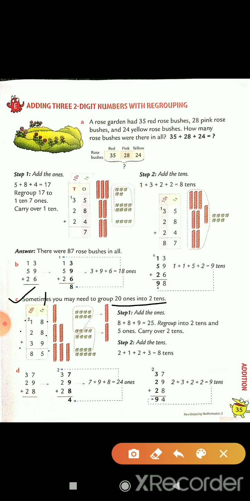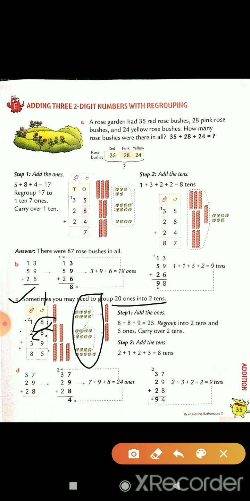Students, while counting, as I told you earlier, you can use any method. You can count all of them together, or you can look for a 10, or you can add in any order, or you can circle the doubles and add them first. Here doubles are there, so we can use that method.